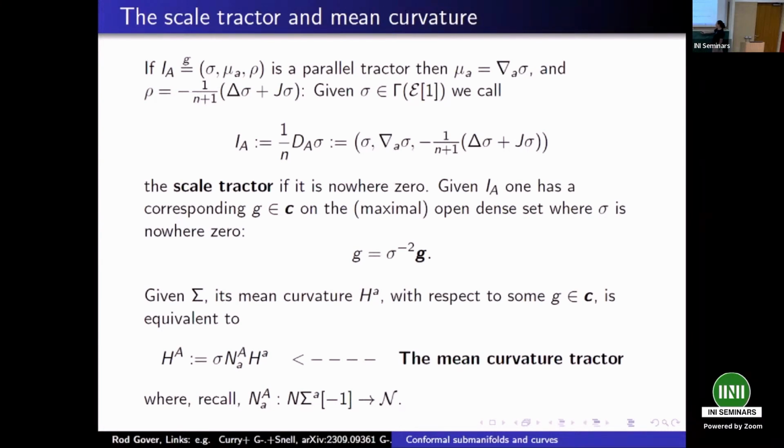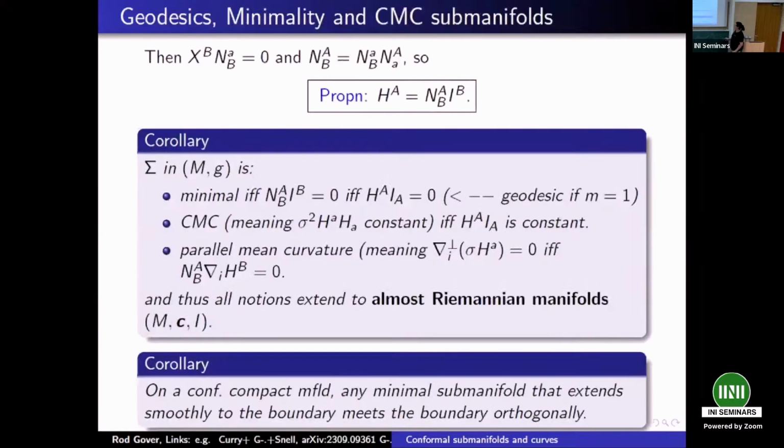So you can put the mean curvature into a tractor like that and call that the tractor mean curvature. So it has the same information as the mean curvature. Then the key observation is that this tractor mean curvature is given by this tractor normal projector, contracted into the scale tractor.